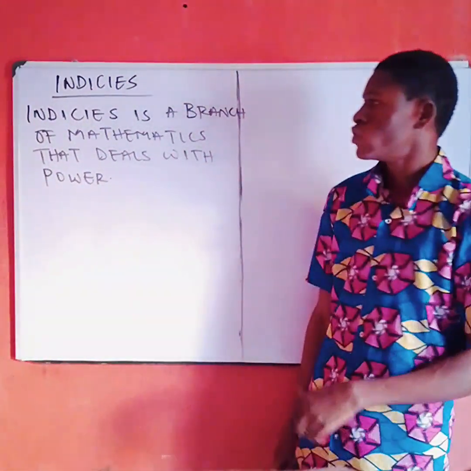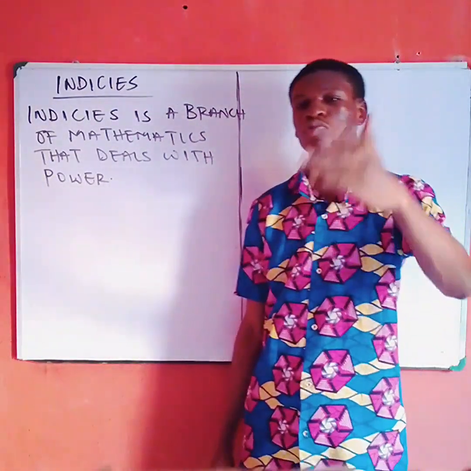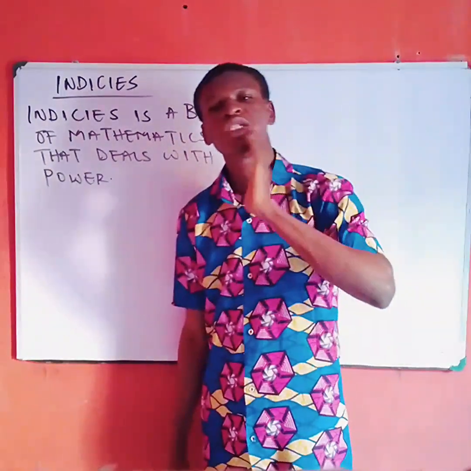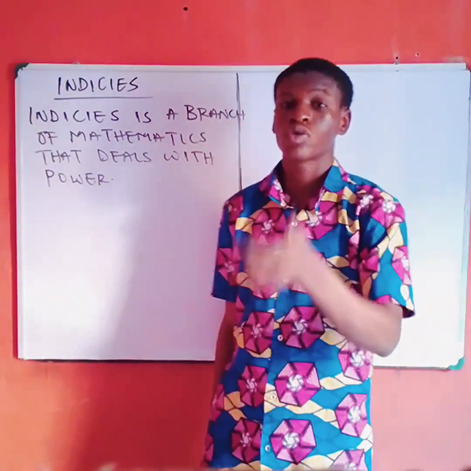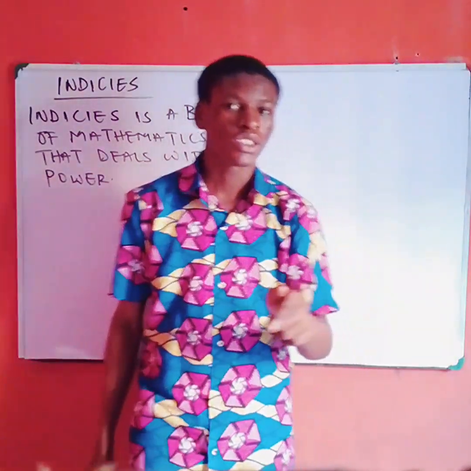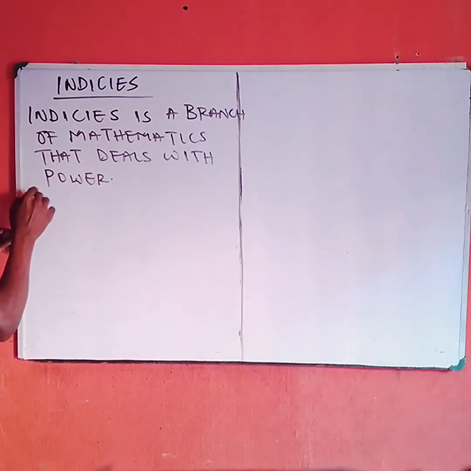Power. Now, indices came out from the word index. Indices is the plural form of index. And what does index mean? Index means power or what? Exponent. So another name for power or exponent is index.